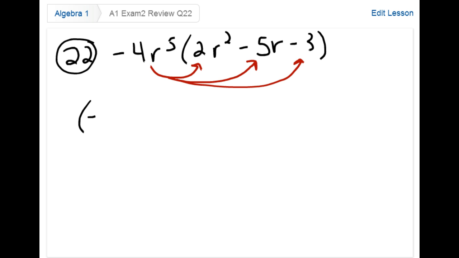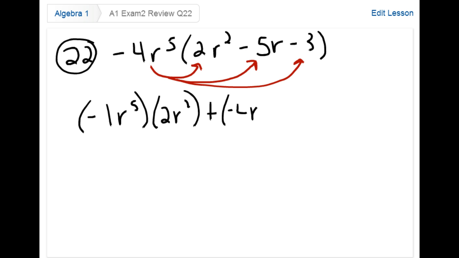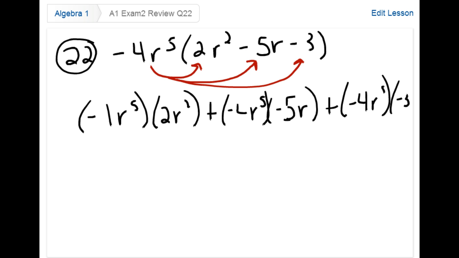So we have negative 4r to the 5th times the first term, which is 2r squared, plus negative 4r to the 5th times the second term, which is negative 5r, plus negative 4r to the 5th times negative 3.